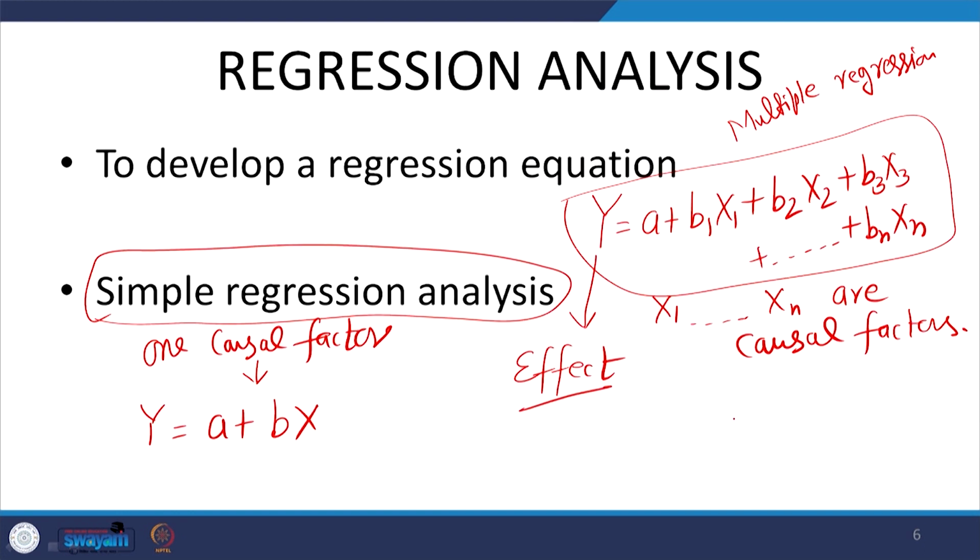When we are developing this equation, it is like this. This is the equation of a line, y equals a plus b x. So, this is y and this is x. If I put any value of x in this equation, you will get a value of y on the line.